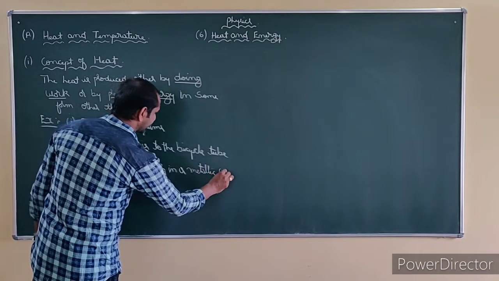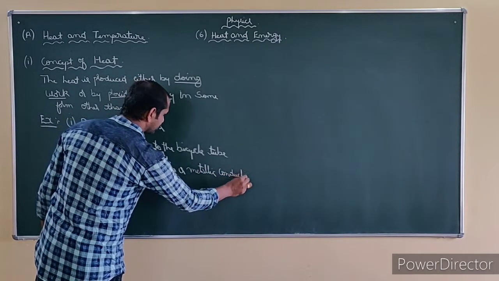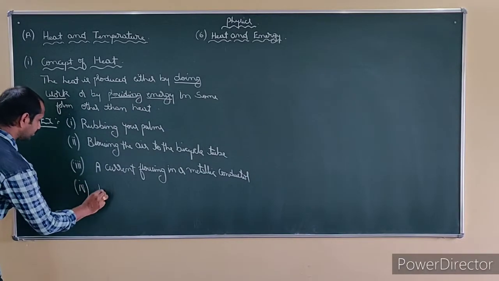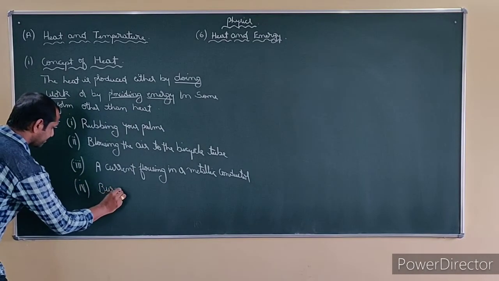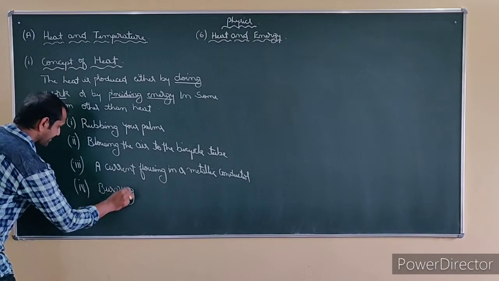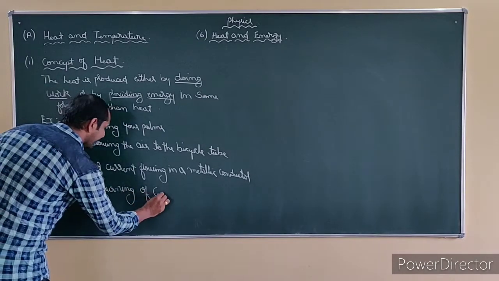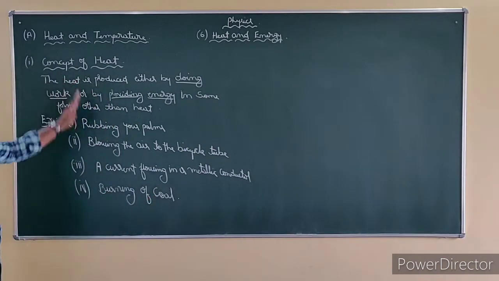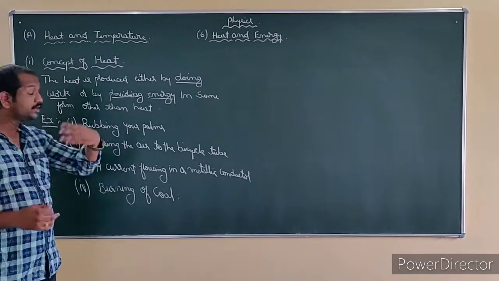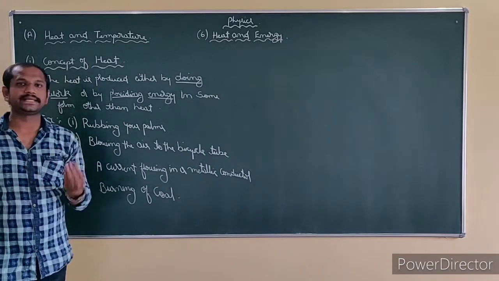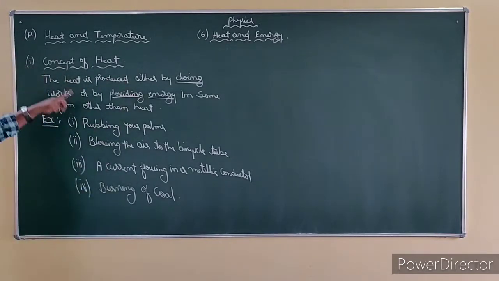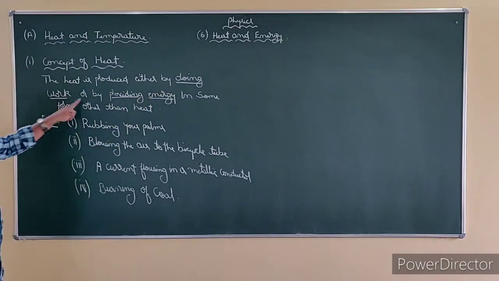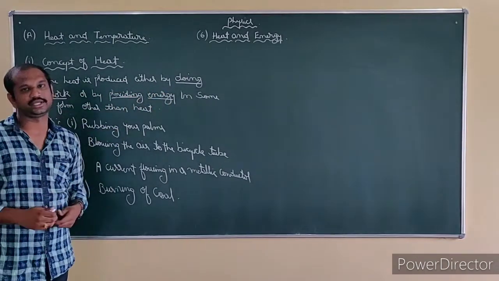Fourth example I will consider is burning of coal. See, these four examples I have taken to make you understand the concept of what we mean by heat. Before that I told you, heat is produced either by doing work or by providing energy.